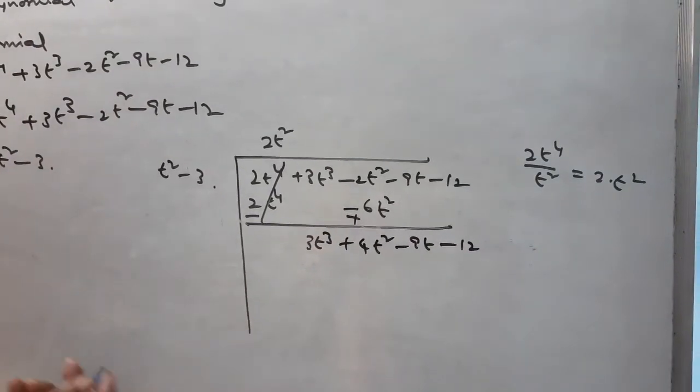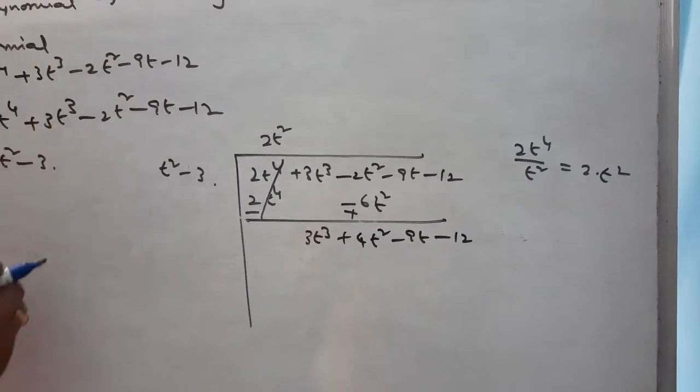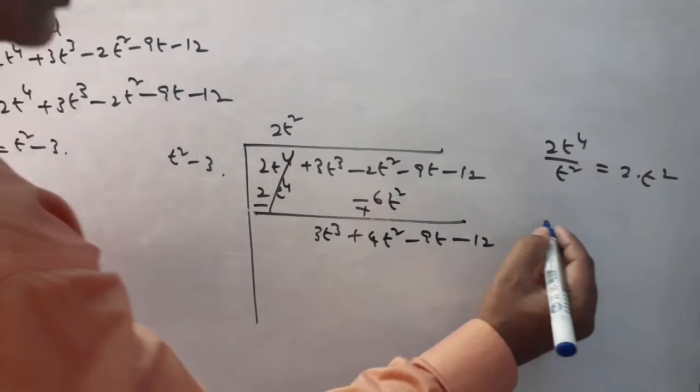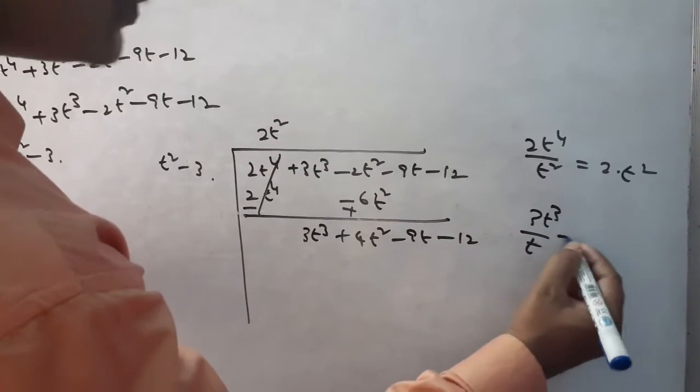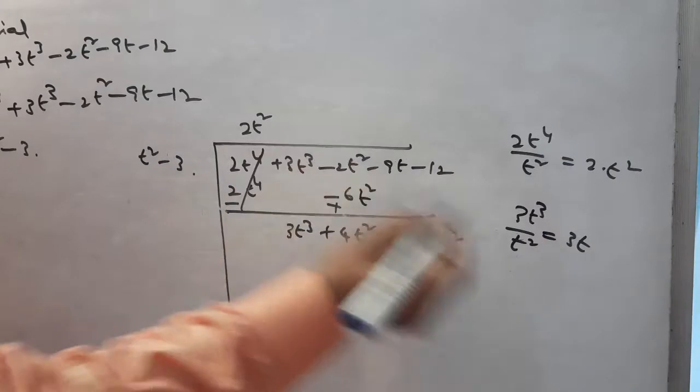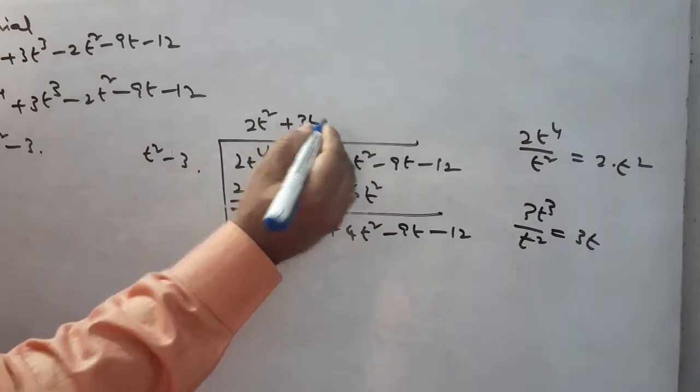Now again the second term of the quotient: divide 3t cube by t square, we will get 3t. So 3t is the second term of the quotient.